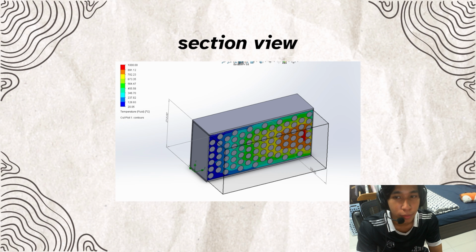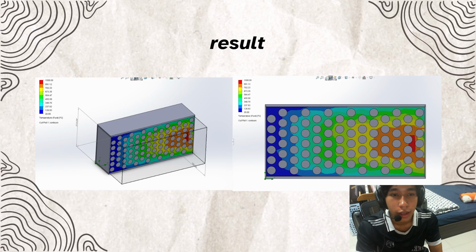We can see that it is 800 at the center, but on the upper and lower end it tends to be lower than 800. So this might be caused by some error. And here is another view of our result. We can see that the top and bottom is lower in temperature compared to the center.